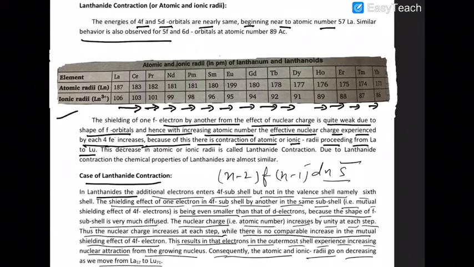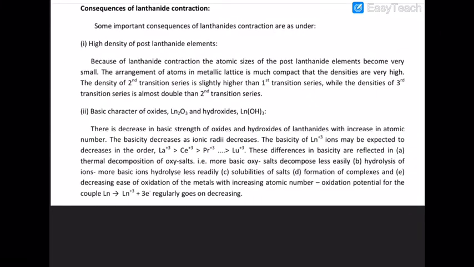So it means due to the poor shielding of the f electrons, the valence s electron experiences high attraction from the nucleus, and due to that the size of the lanthanoid ions or cations decreases continuously. Now we have to look at the consequences of the lanthanide contraction.